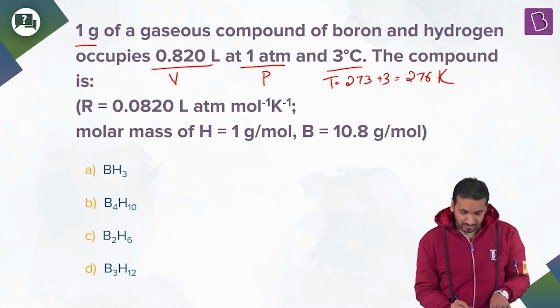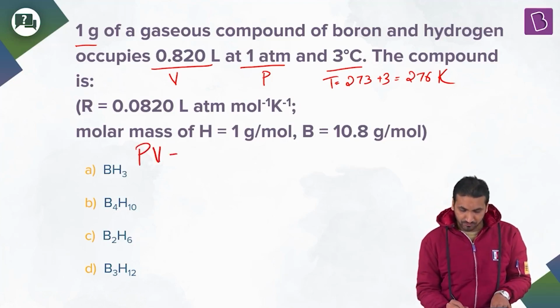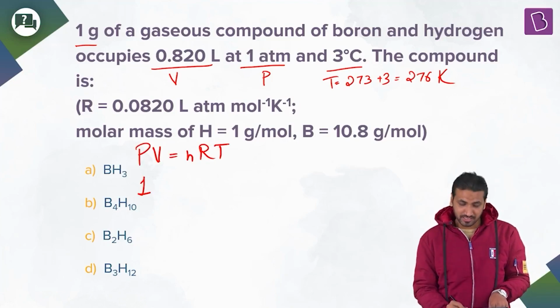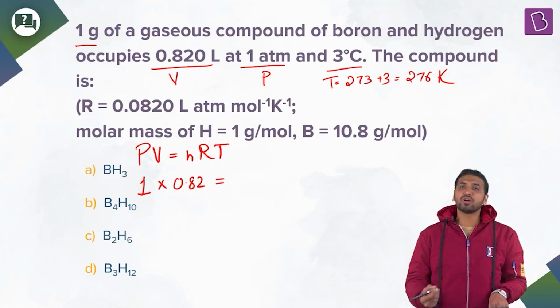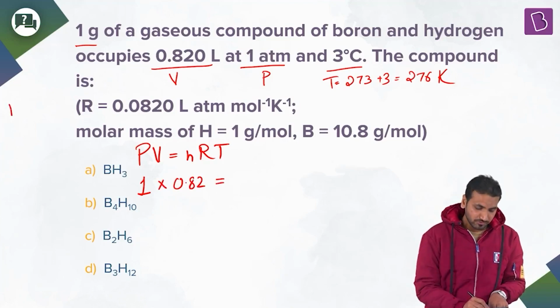So if I apply PV equals nRT, the pressure is 1 atm, look for the units as well. The volume is 0.82 liter. Moles, I do not have the moles. The formula for moles is given mass upon molar mass.